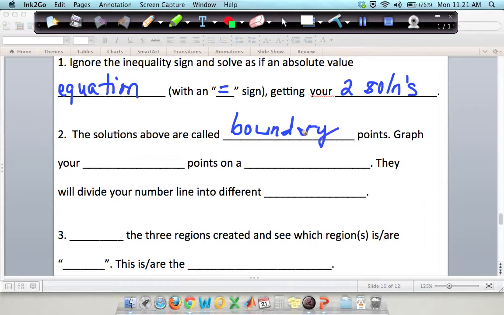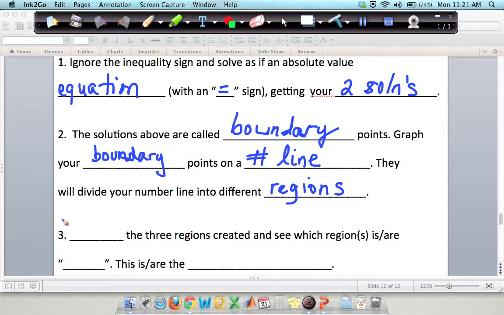Graph your boundary points on a number line. And that's why they're called boundary points, because they're going to divide your number line into different regions. So these are the boundaries of the regions.